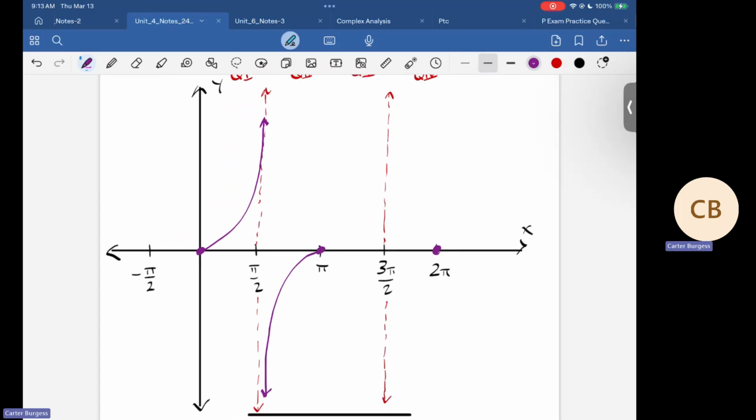In quadrant 3, what's true about my x and my y? Both are negative, and a negative divided by a negative is going to give me a positive. And then in quadrant 4, what's going to be true about my x and my y? A negative divided by a positive is going to give me a negative.